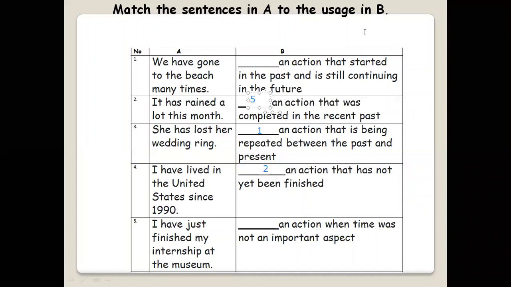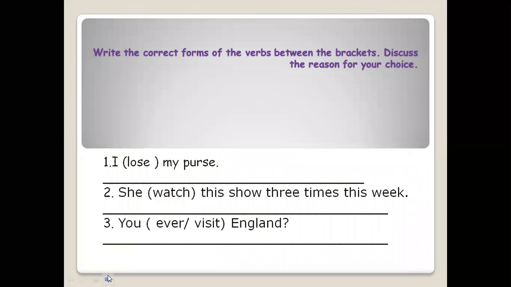Now let's move to the next exercise. It's about writing the correct forms of the verbs that we have 3 forms of. Between the brackets, discuss the reason for your choice. Why do we choose present perfect to change this verb?